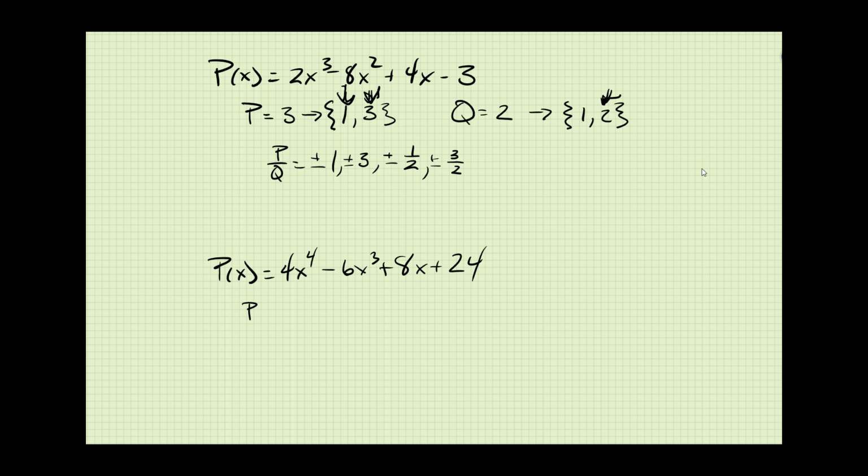Our p is 24, therefore its factors are 1, 2, 3, 4, 6, 8, 12, and 24. And then we have q, which is 4, so its factors are 1, 2, and 4. So now we do our p over q list.